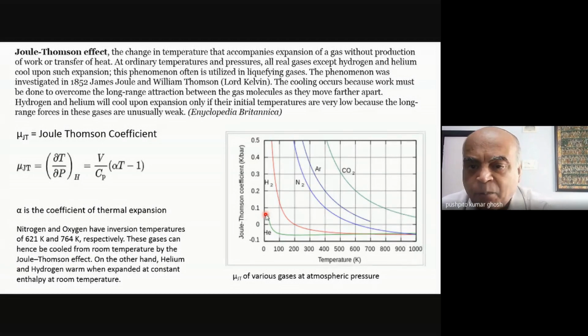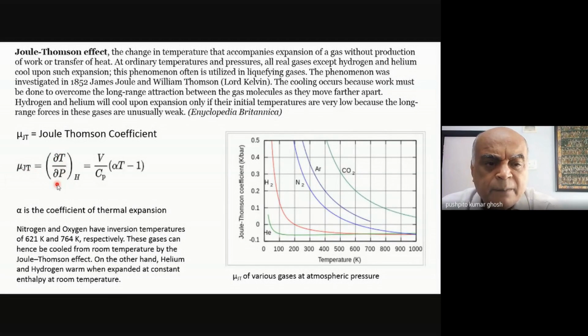And till that point, it's negative. And even for hydrogen, you can see up to 200 Kelvin, the value is negative. It's only after you go past it and go to lower temperatures that the mu JT becomes positive. Now, why is this significant? Because what is the mu JT sign got to do with it?